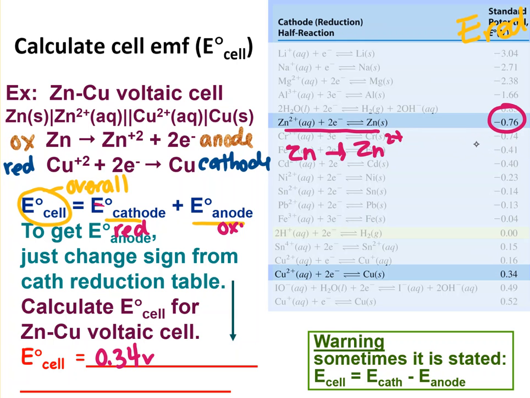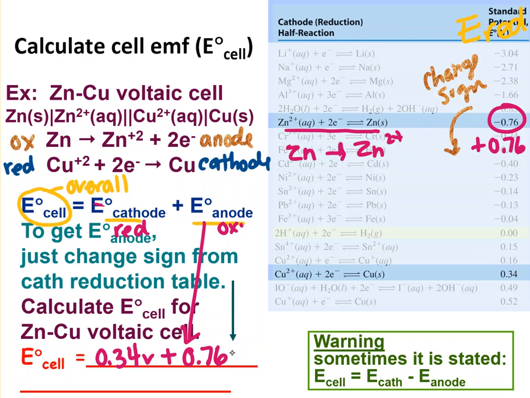Don't want to multiply by 10. I just want to change its sign. Okay, so then I bring that down here, and this is this value right here. Okay, and then to get the overall cell potential, I add those two up. And of course it's in volts.